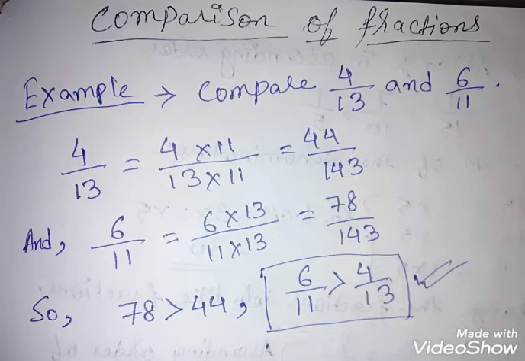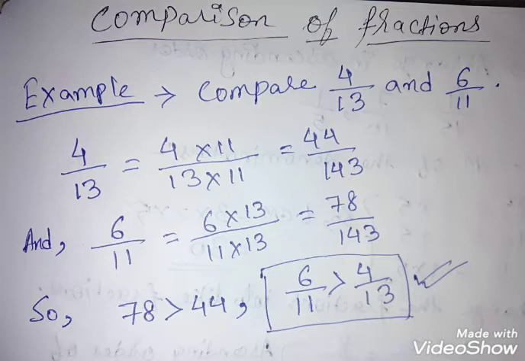So 4 by 13. What will we do? First of all, the numerator and denominator will be multiplied by the denominator of the other fraction, that is 11. You can see 6 by 11. So 11 is the denominator of the other fraction. We have to multiply the numerator and denominator of the first fraction with 11.